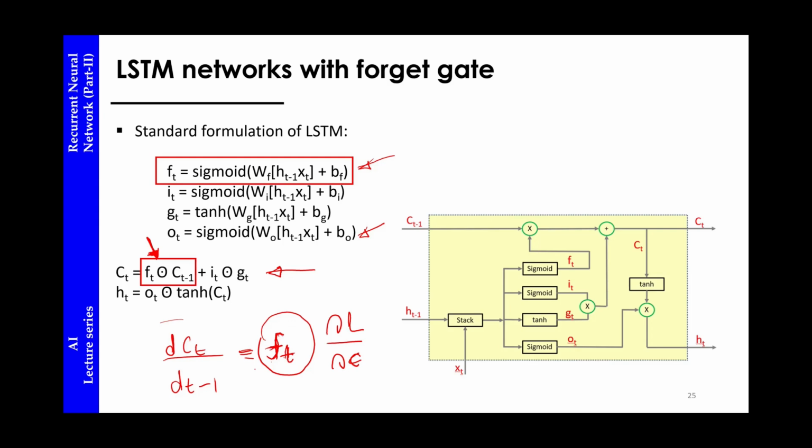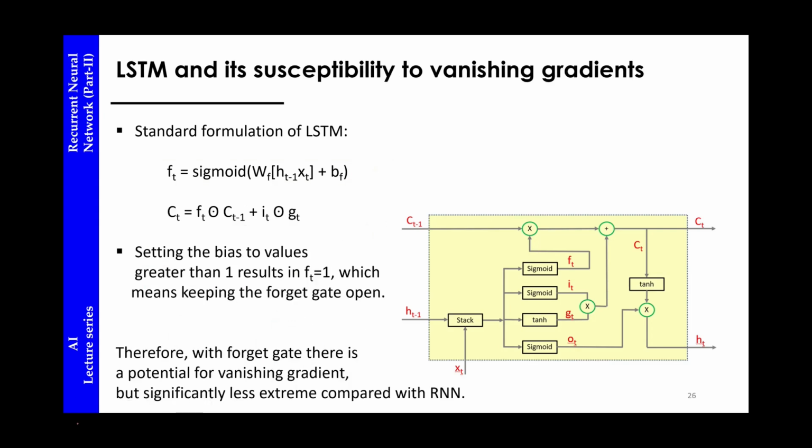This shows that there is a potential to have vanishing gradients with the standard formulation, but there is a solution for it. Even if we get a vanishing gradient, it is not as extreme as the vanishing problem we had in RNN. The solution is that when we start the training, we can select the biases with positive large values, larger than 1.